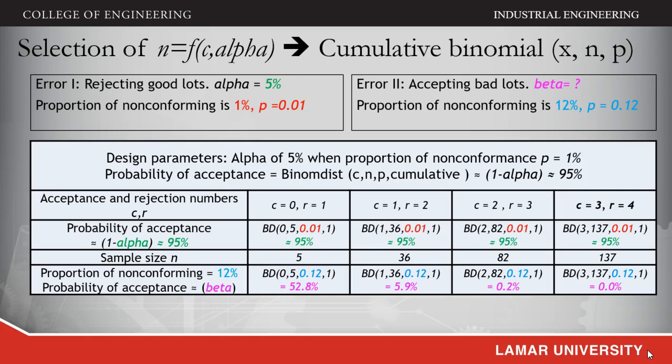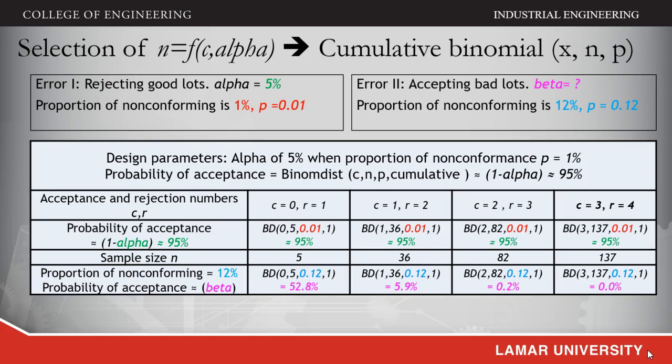So based on that, we can decide, well, if we go with c equals 0, the sample size would have to be 5. If c is 1, the sample size would have to be 36. If c is 2, the sample size would be 82.